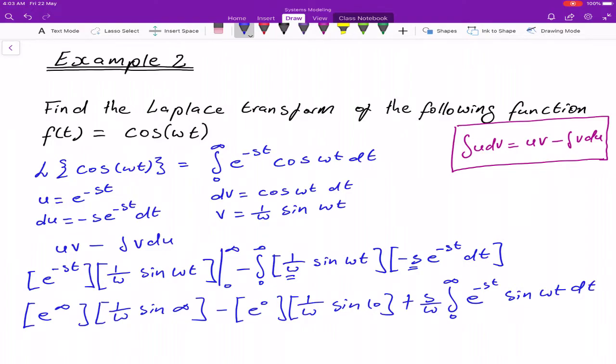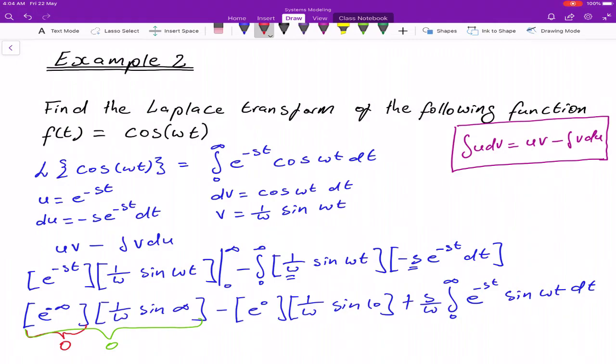Now, let me use a different color. This one was e to the minus infinity here. E to the minus infinity will drive this equation to 0. Anything times 0 is 0. So, hence, the entire equation, all of this is 0.